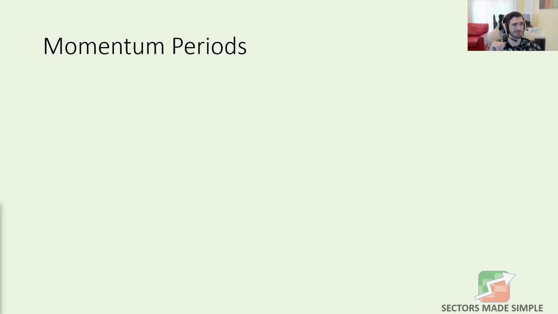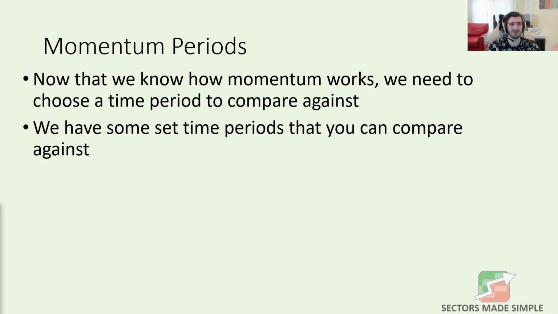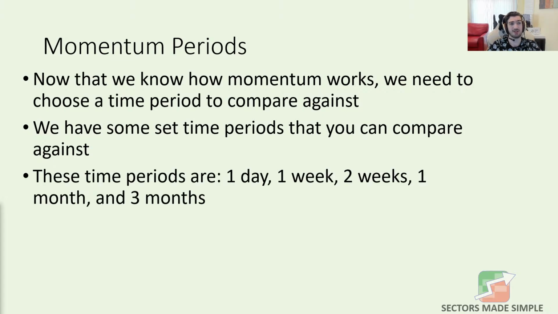I'm going to kind of speed through this one because it's very self-explanatory. When we compare momentum, we need to compare from today against a past one. So we can set some different time periods to compare against. And just to help out and make it easier on you, we give you a set group of time periods that there's no calculation, there's no wait time, it's always just ready to go. 1 day, 1 week, 2 weeks, 1 month, and 3 months.